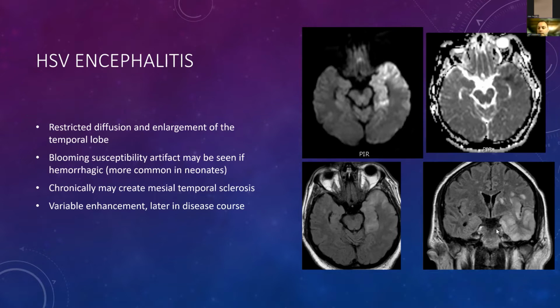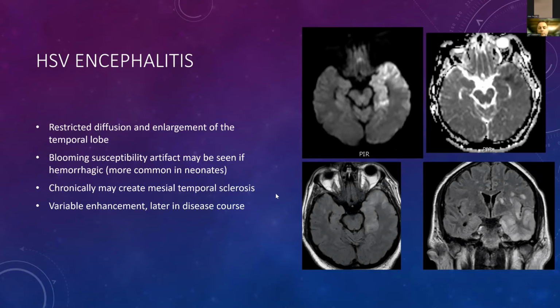The coronal images here give you a better profile view, especially of the hippocampi and the amygdala, and the marked degree of difference that you see there. Blooming susceptibility artifact can be associated with HSV if it's hemorrhagic. Chronically it can create mesial temporal sclerosis and thus provide a locus for epilepsy.